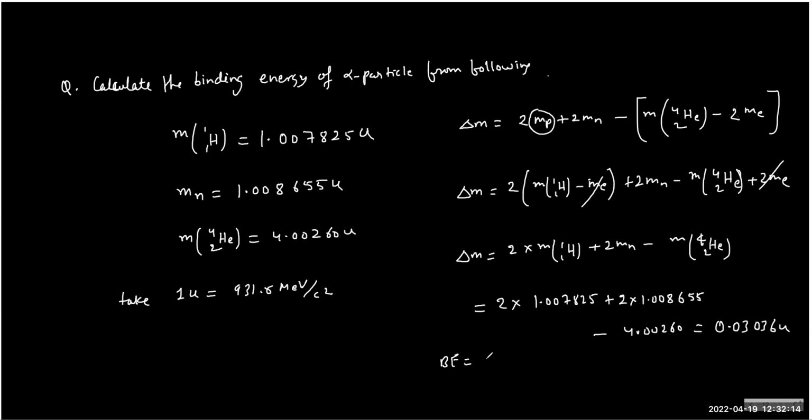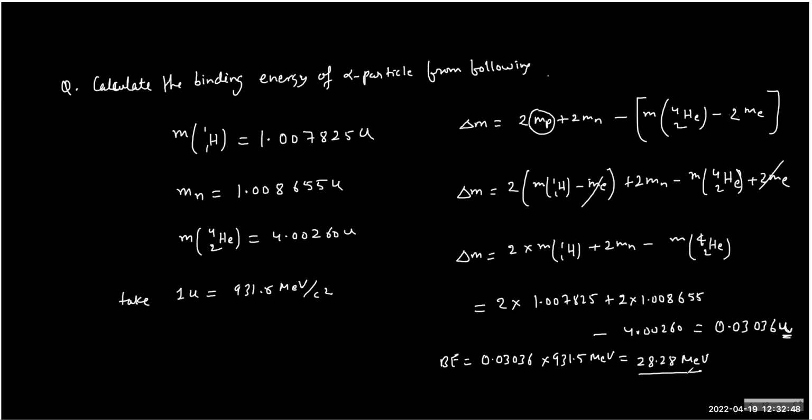Now to find the binding energy, no need to solve much. Just write the answer as the mass defect in U into 931.5 MeV. That's it. Because delta m c square you will write, and that will give the same answer. This is roughly equal to 28.28 mega electron volt.